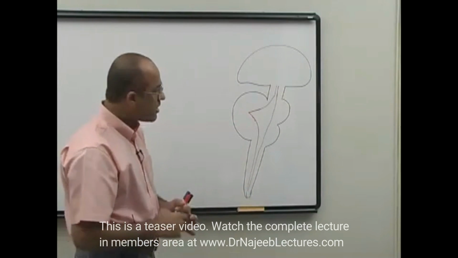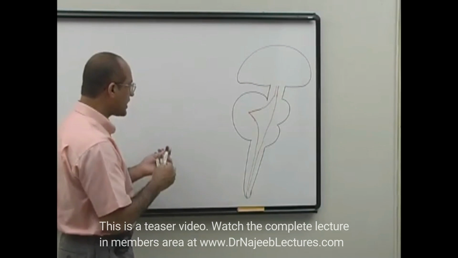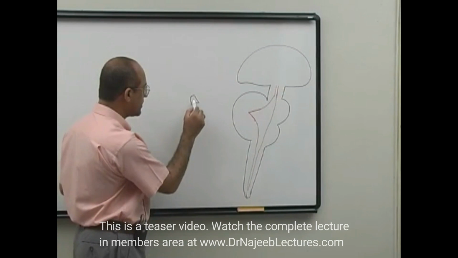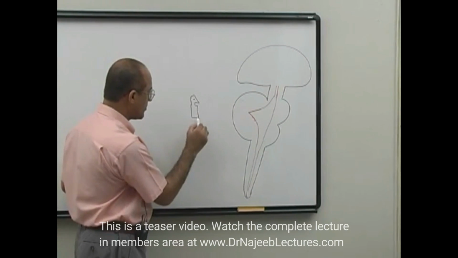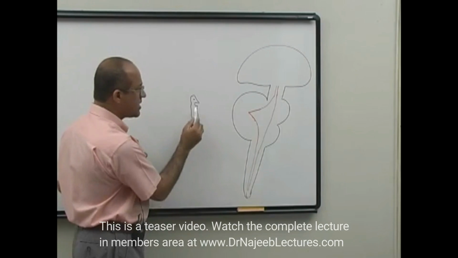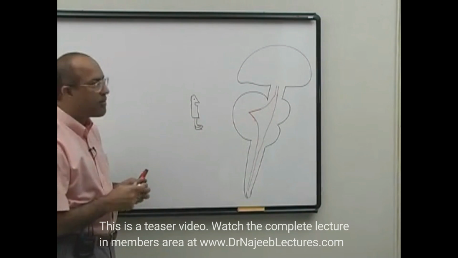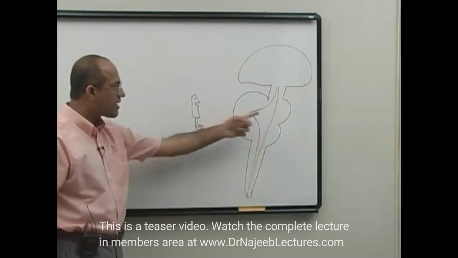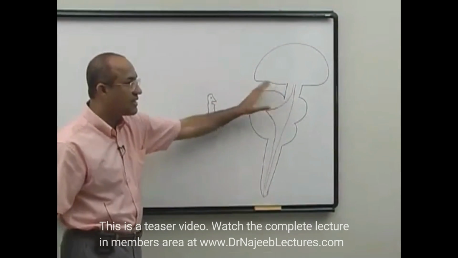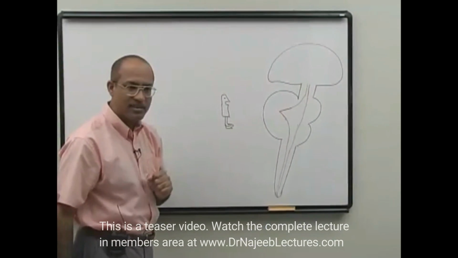No problem? Now, if you stand here and try to look at the back of the pons, can you see the back of the pons? No, because it is covered on the back by the cerebellum.